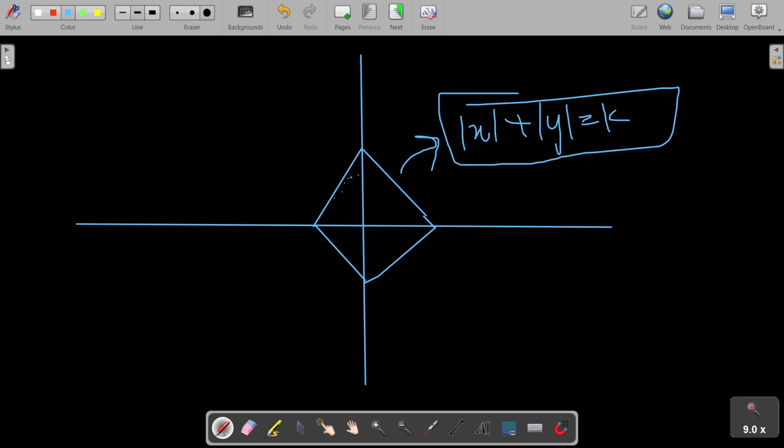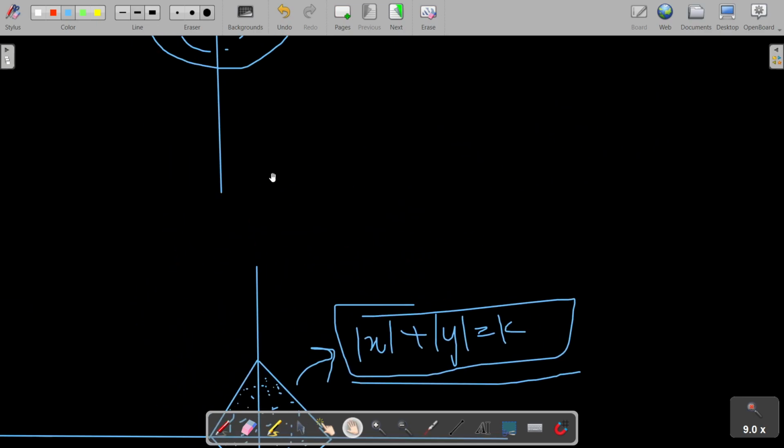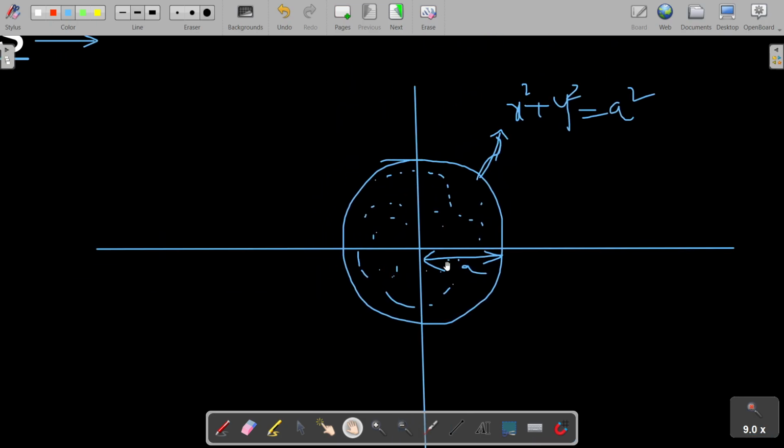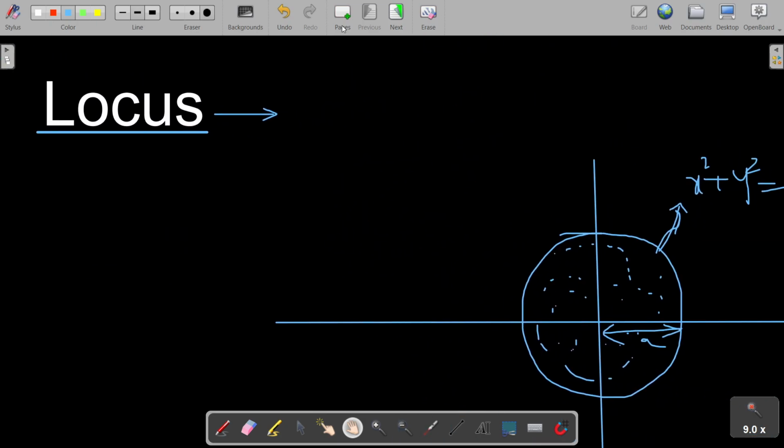If there are infinite points in the square, then the equation representing those infinite points is this equation. This general equation represents the infinite number of points in this square. These are known as locus. This is the definition of locus. Basically the idea of locus is just this: an infinite number of points.